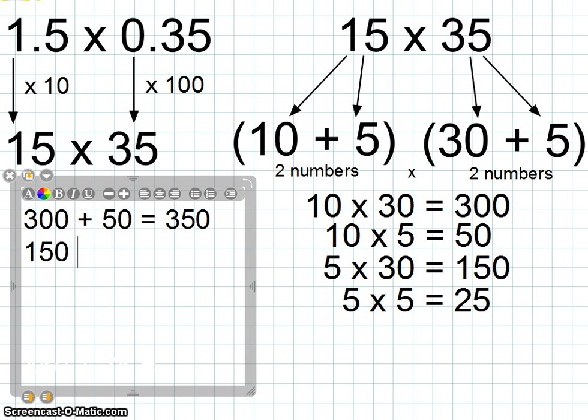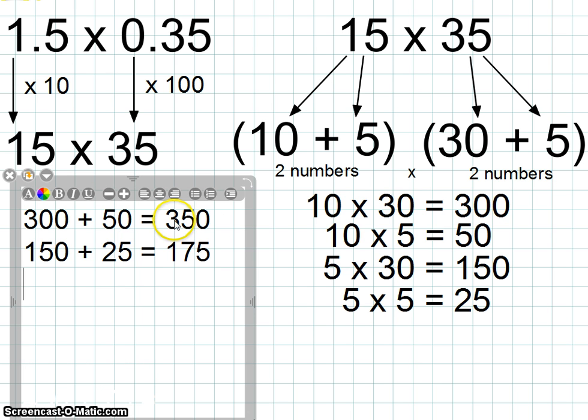So that's 150 plus 25, which equals 175. And the last step is I want to add 350 and 175, which will give us our final total of the four products. And 350 plus 175 equals 525.